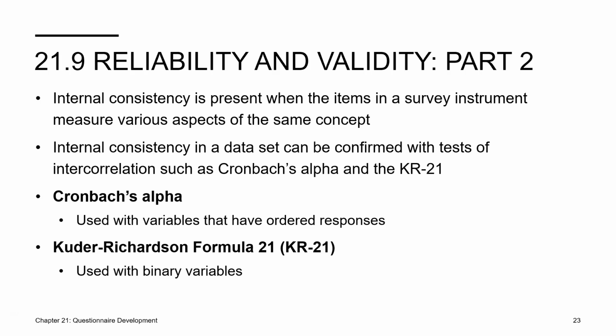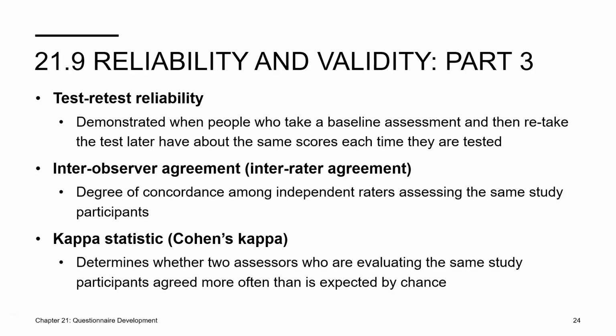It's used with variables that have ordered responses, like a Likert scale, and then the KR21 is used with binary variables. You can also run a test-retest reliability statistic, and this is demonstrated when people who take the baseline assessment and then retake the test later have about the same scores.